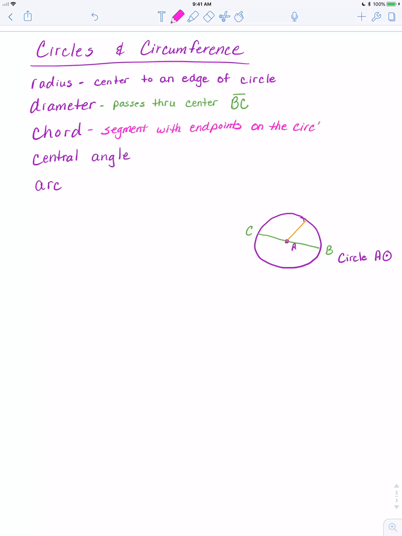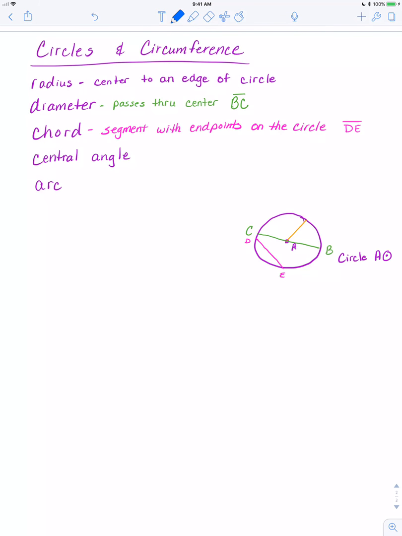And so we could have several of these. We could say, from right here to right here, point D to E. That would be considered a chord because it touches both edges of the circle, but it does not have to go through the center, unlike the diameter. And mostly in this section, we're going to need to know the difference between the diameter and the radius. That's what's really important here.